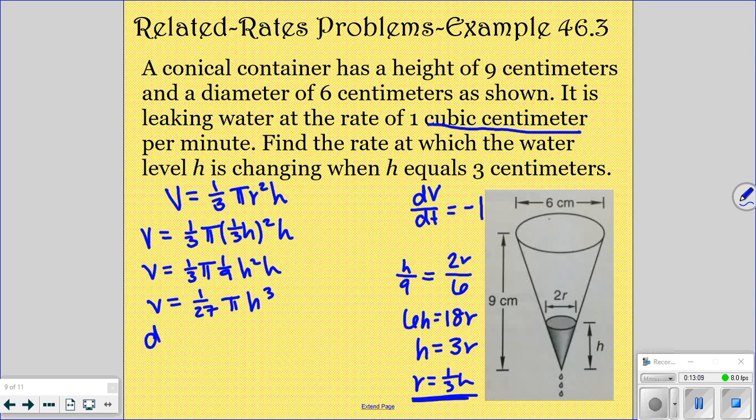So the derivative of V is dV over dt. The 1 over 27 pi is all our constant, our number, so we don't take the derivative of this part. We just take the derivative of the h cubed.